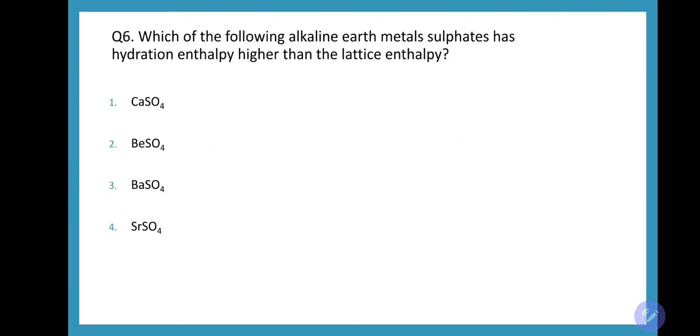Which of the following alkaline earth metal sulfates have hydration enthalpy higher than the lattice enthalpy? The correct answer will be BeSO4. Why so? Because the hydration enthalpy of BeSO4 is highest compared to the lattice enthalpy, that is lattice energy, within group 2.